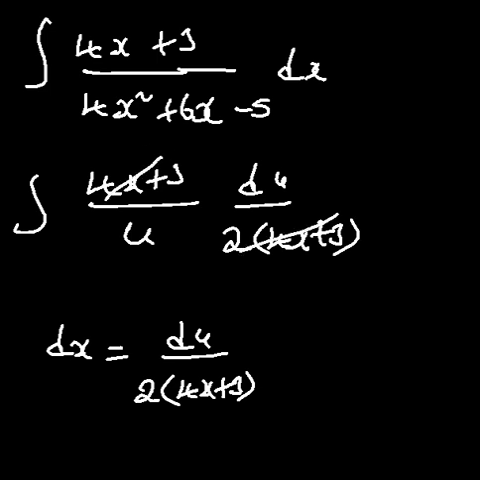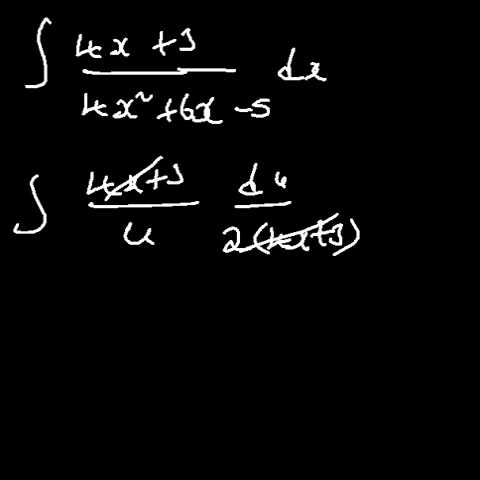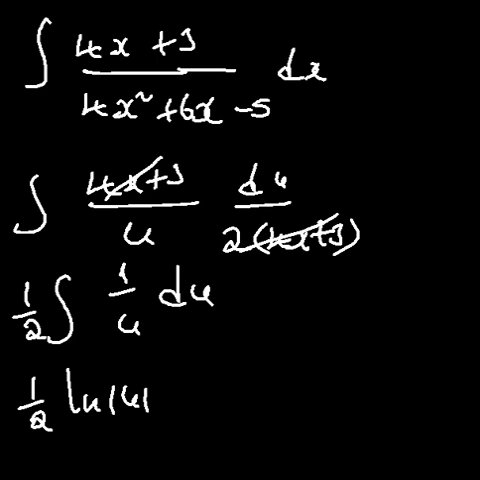This and this will cancel. That will now be given as 1 over 2, the integral of 1 over u du. In this case, we're going to use the reciprocal rule of integration. That will be given as 1 over 2 ln of u plus c. Then we substitute back for u.